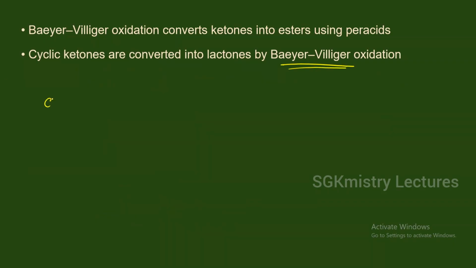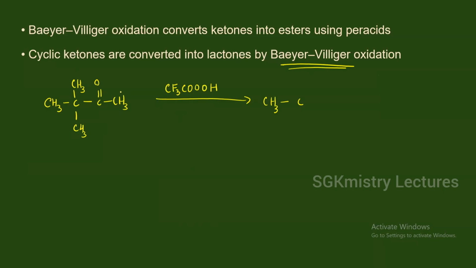Let us look into the examples. We have CH3, CH3, CH3 COCH3, so we have the ketone. Now, in the presence of peracid, COOOH, with three oxygens present here, what is going to happen is that this CH3C=O remains as such, and one more oxygen will be added here.